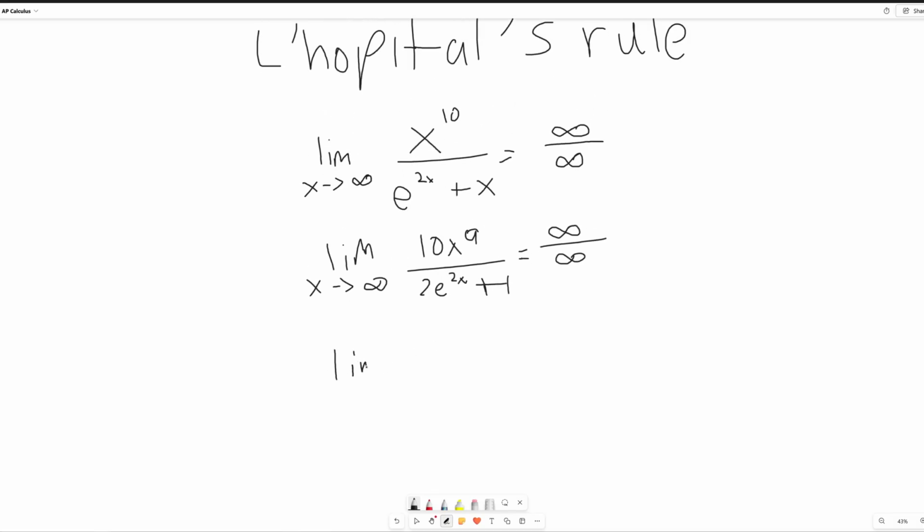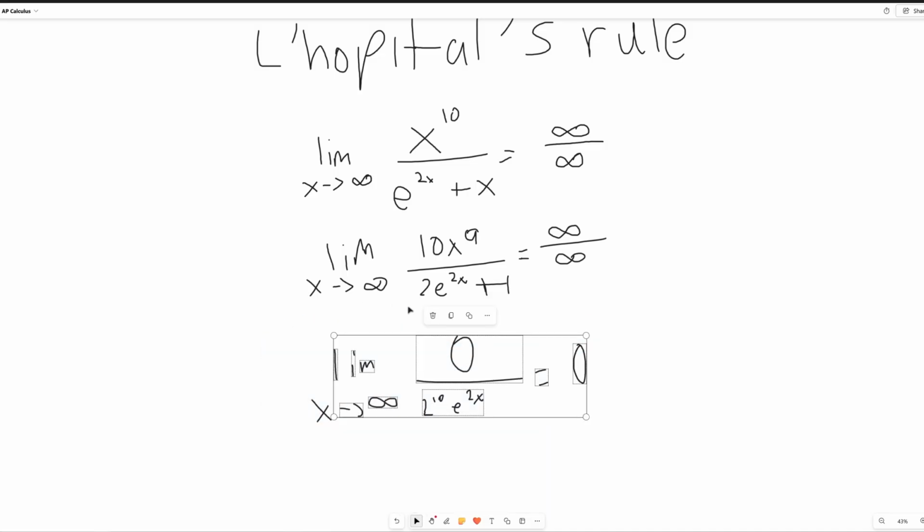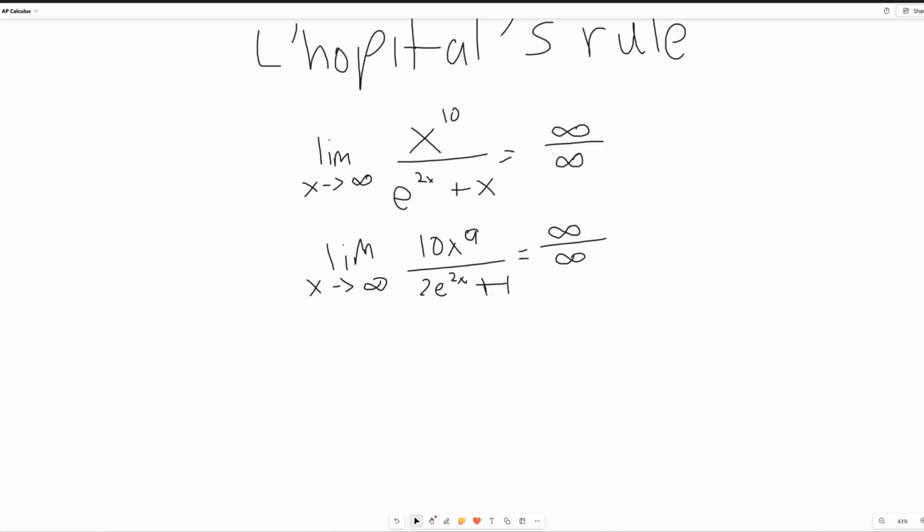So eventually, let's say you take the derivative 10 or so times, right? You're going to have limit as x approaches infinity of 0 over 2 to the 10 e to the 2x. Alright, well this is 0. However, if you did it 9 times and got whatever millions constant, it's 10 factorial.